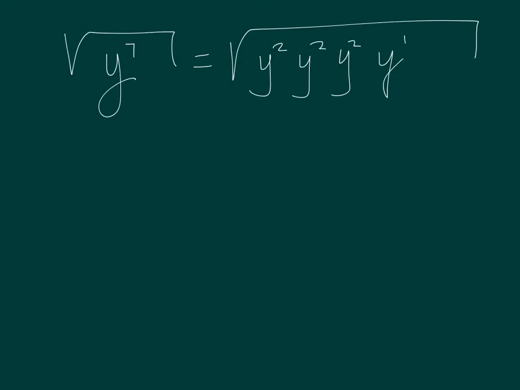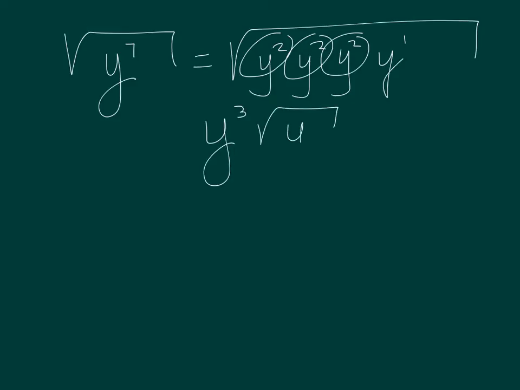Well, I can take the square root of each of these y squares, 1, 2, 3 of them, but I'm still left with 1 y underneath. So you might think of this as 7 divided by 2, my index, is 3, with a remainder of 1.